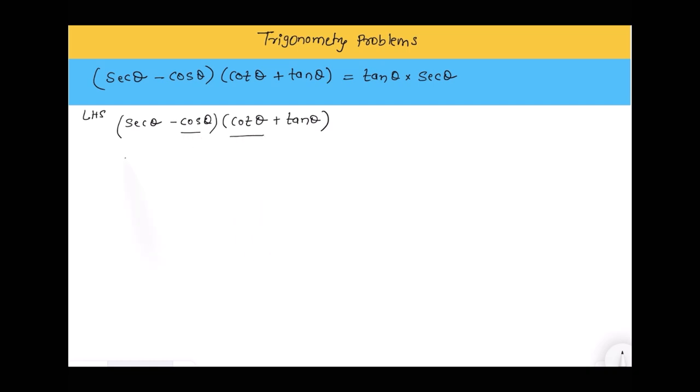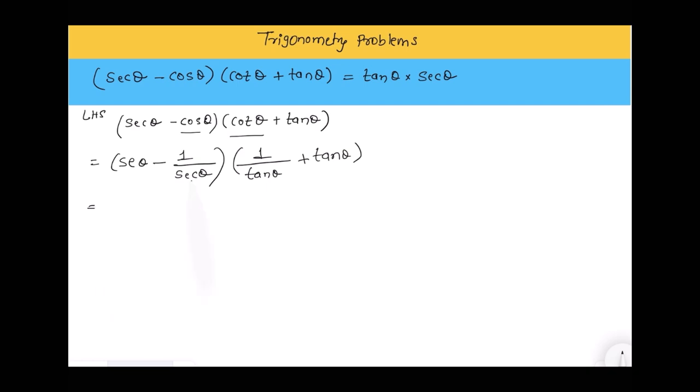Why? Because cos theta is nothing but 1 upon sec theta and cot theta is nothing but 1 upon tan theta. Let's use that. So it becomes sec theta minus 1 upon sec theta into bracket 1 upon tan theta plus tan theta. You can again watch our trigonometry basics and trigonometric identities video for better understanding.